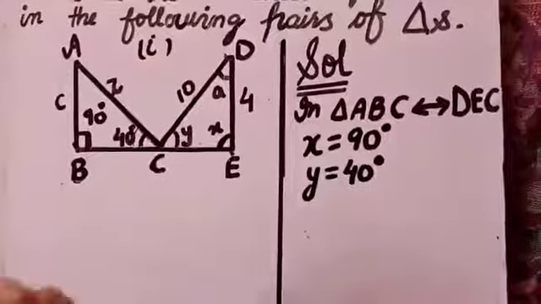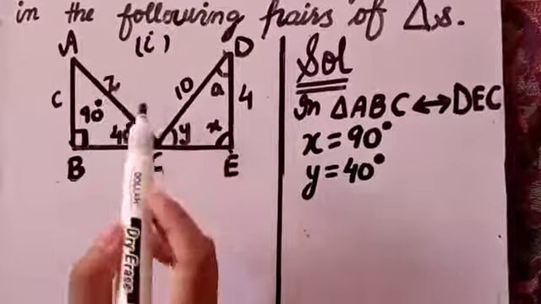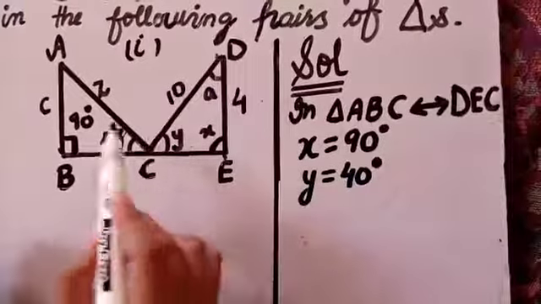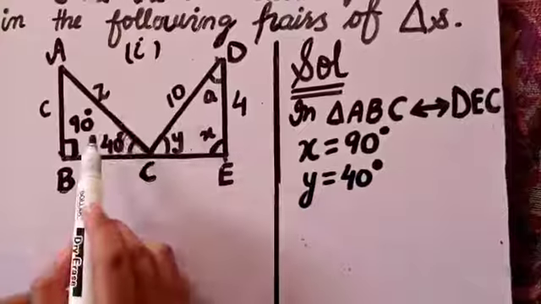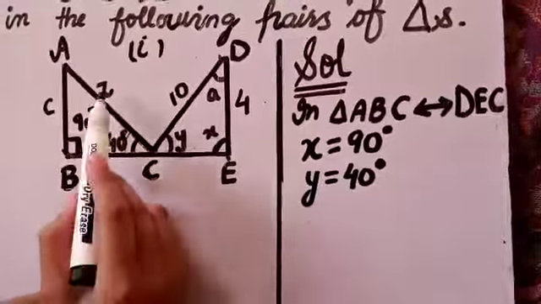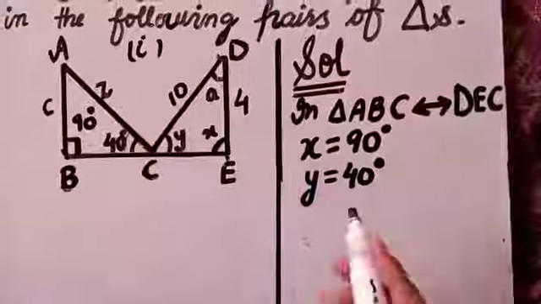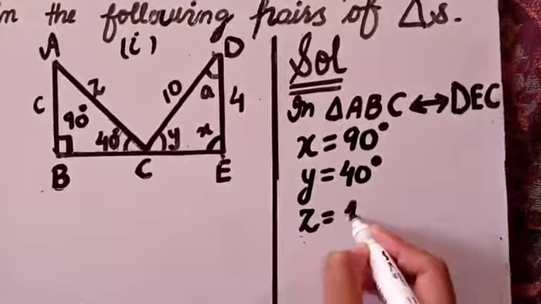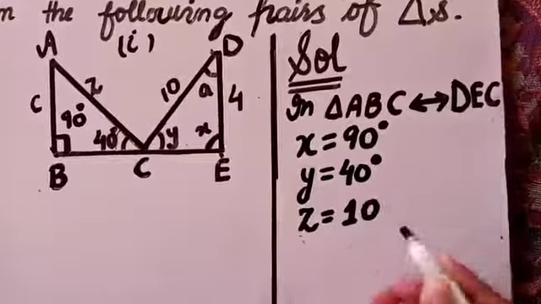Okay class, now comes the third variable, that is z. As we can see, the side AC and the side DC are corresponding sides to each other. So these two sides are equal to each other. So z will be equal to 10. So I can write z is equal to 10.